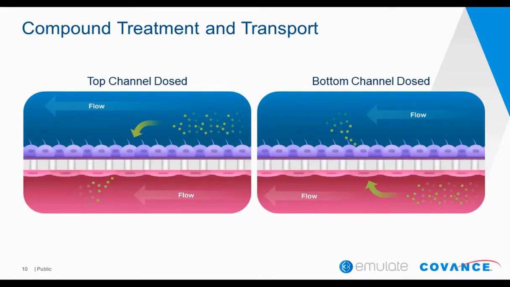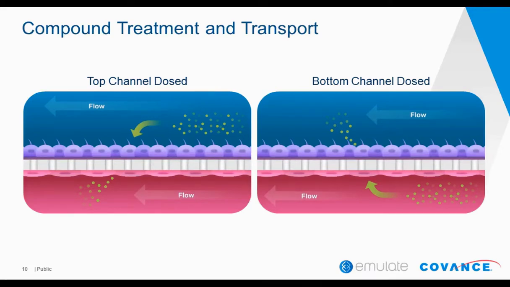Then let's take a closer look inside of the chip when we add dosing solution through the pod. So here we can add the compound either to the top or bottom channel to run a top to bottom or bottom to top type of transport study across the cell layers under flow. Also, multiple compounds can be added sequentially or simultaneously based on your experimental design.